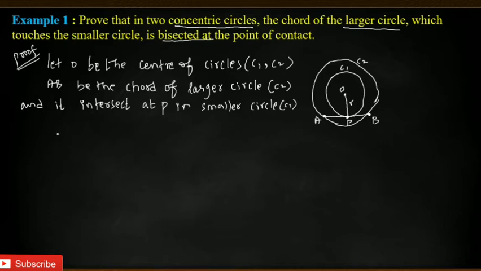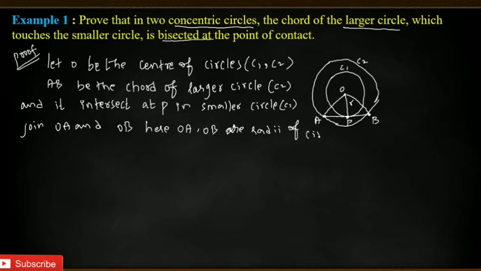Now I'm going to join OA and OB. So after joining, you know that OA and OB are radii of circle 2.